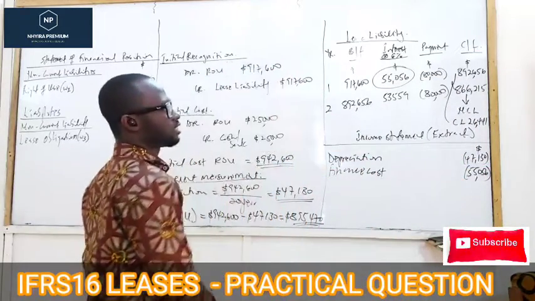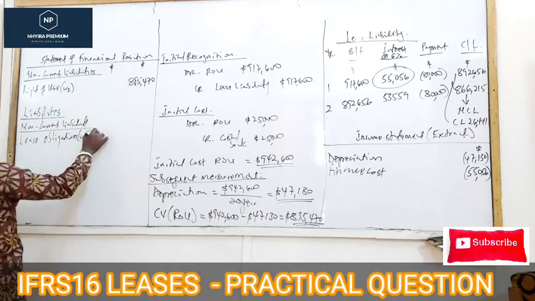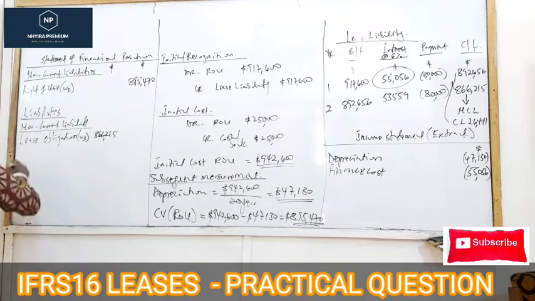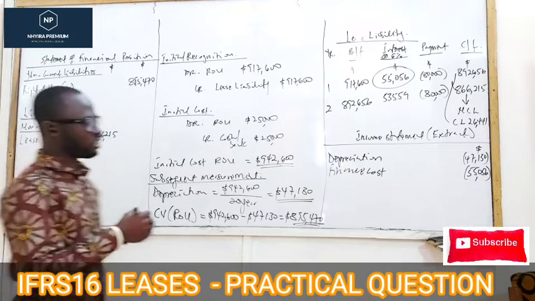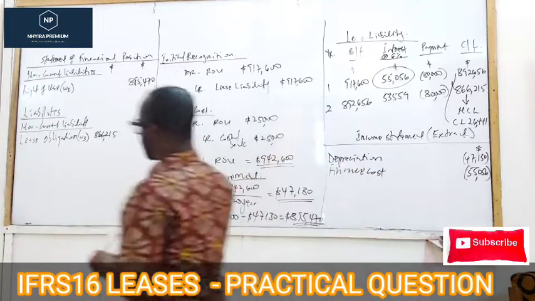So 866,215. Then under the current, okay, maybe I could just take it to the last column. Okay, I just want to add the 2 up.